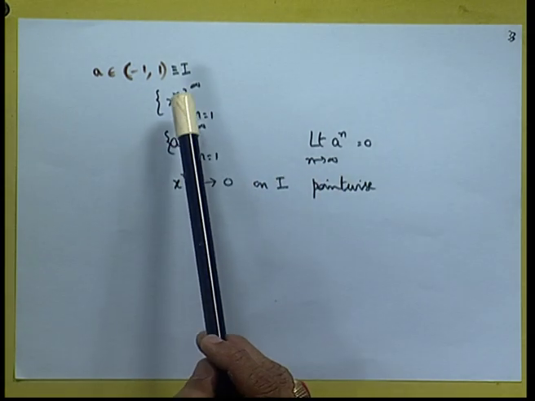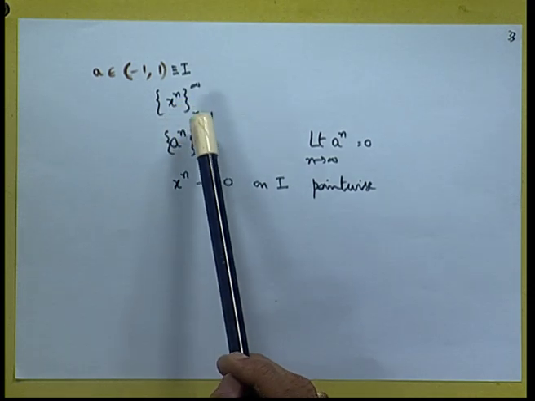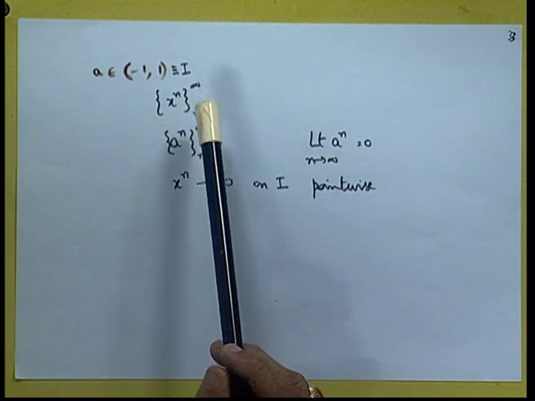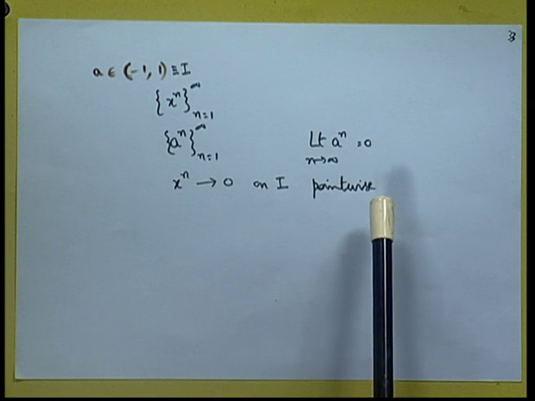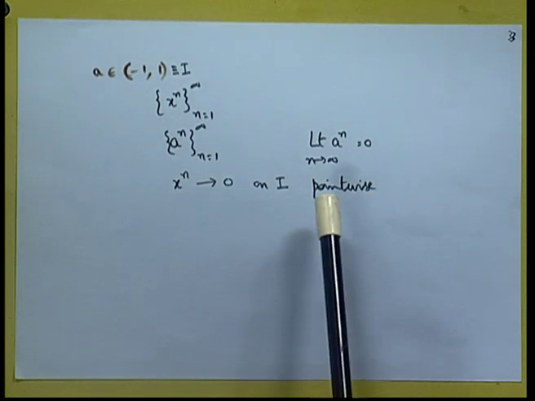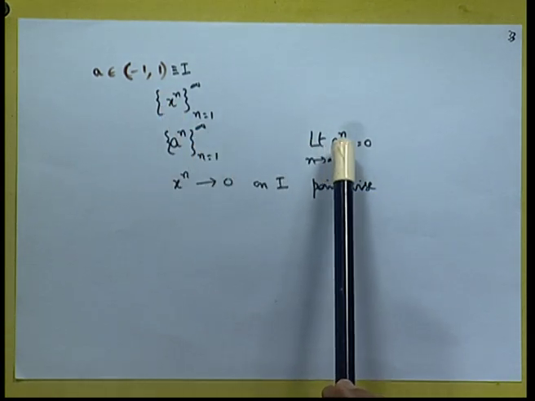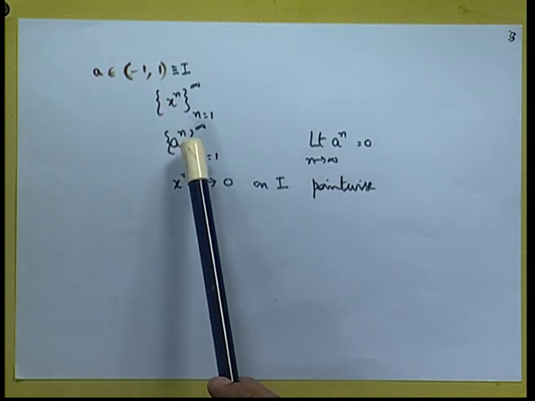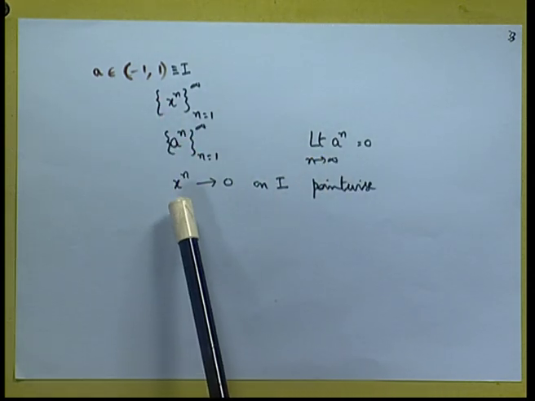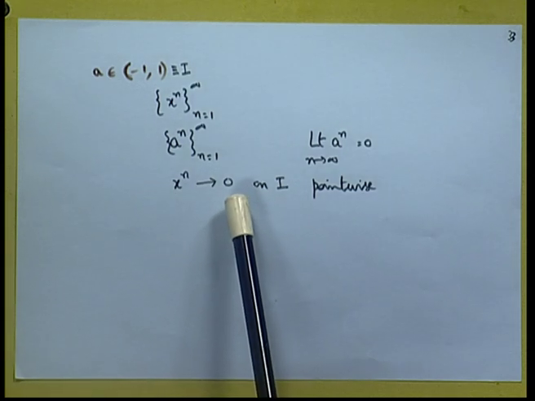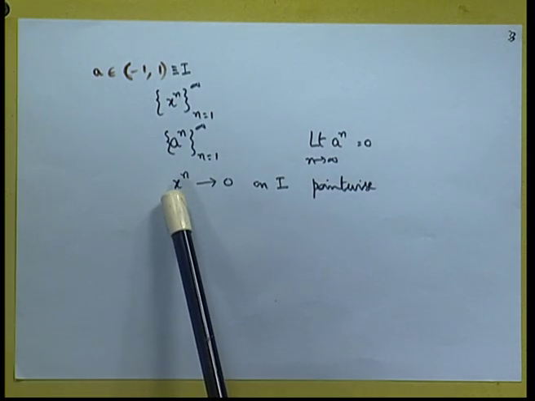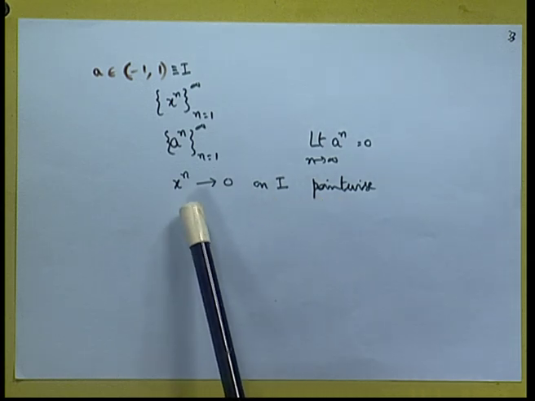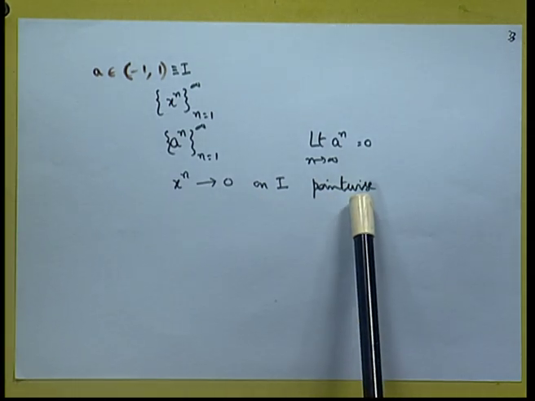We say this sequence fn of functions, from n equal to 1 to infinity, converges to 0 pointwise. Pointwise means we have taken the value x equal to a, and there the limit of fn is becoming 0.